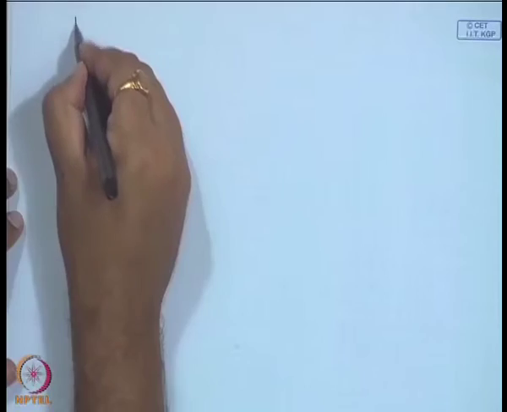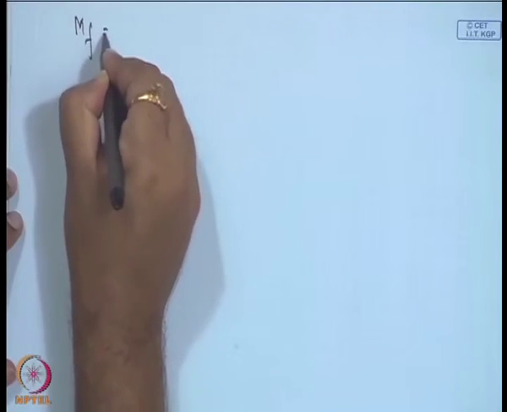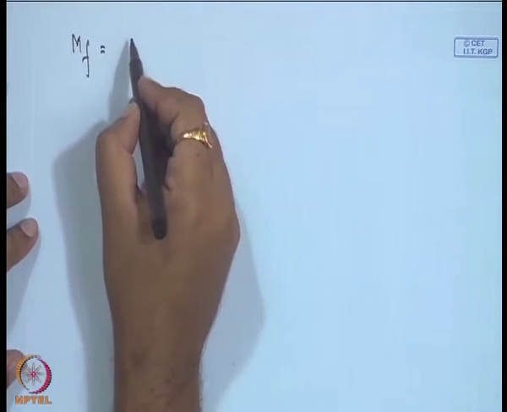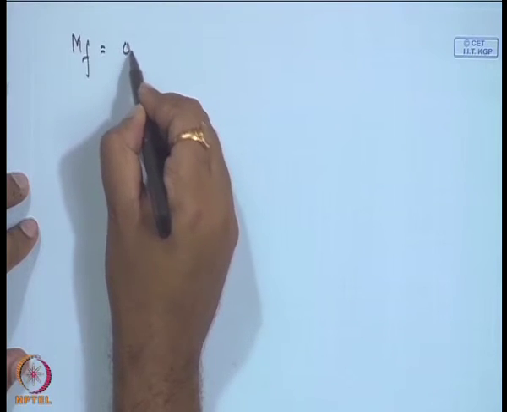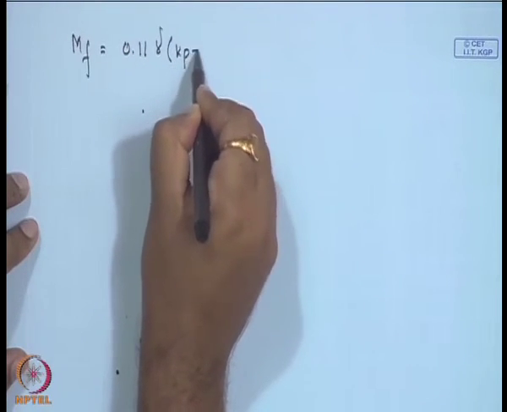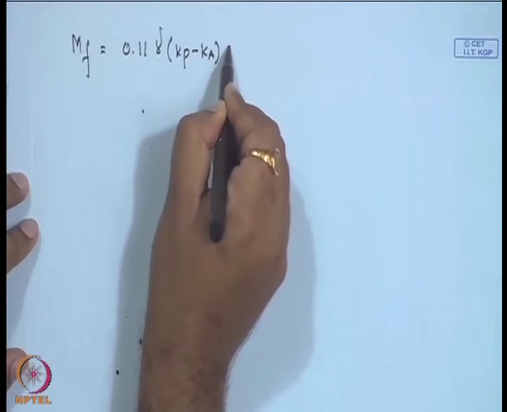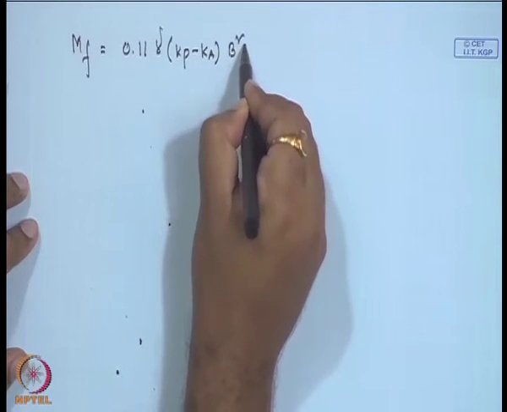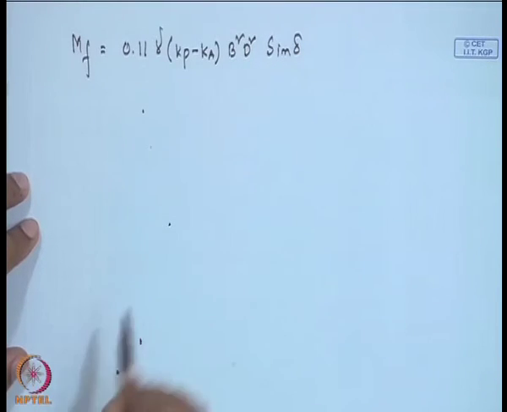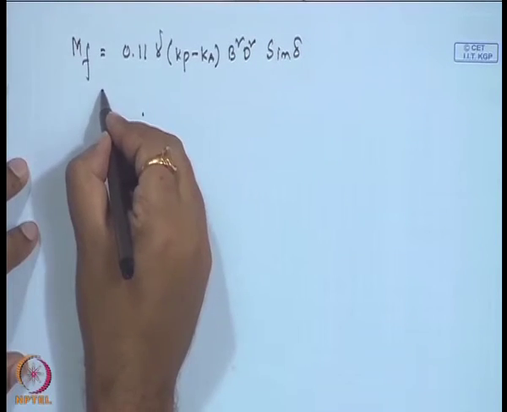Next, you will calculate the value of M f. This is the resisting moment due to friction. So, M f is 0.11 gamma K p minus K a into B square d square sin delta. This is for the friction.